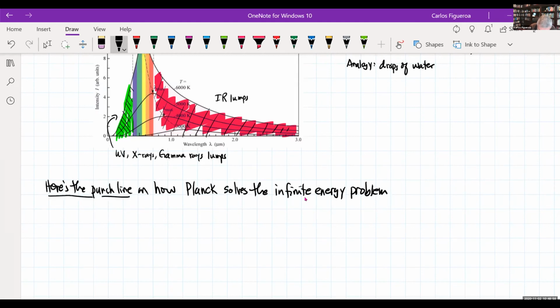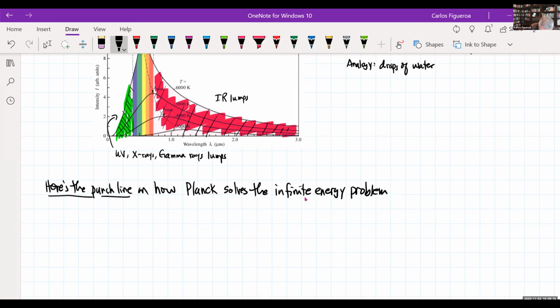Here's the punchline. What he says is the following: he looks at the curve, just like I've been trying to tell you, and he says the very high frequency oscillations are the ones that contribute the infinite amount of energy.